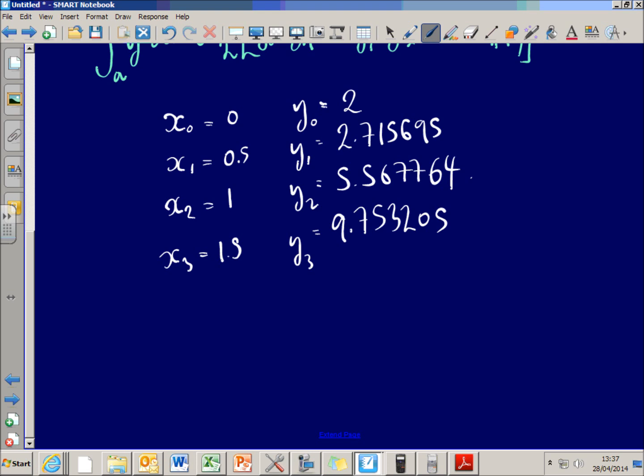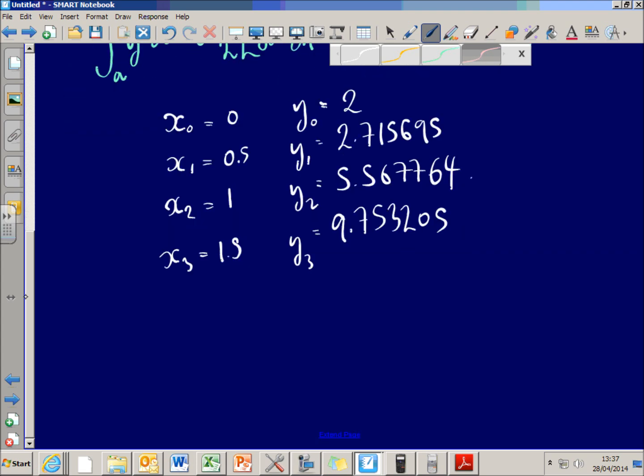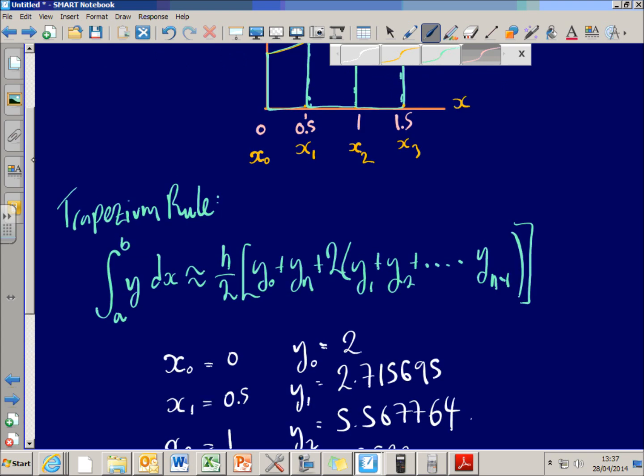So now all I need to do is just say that area under the curve is going to be h over 2. Now what's h in this case? H is this distance here, so it's 0.5.